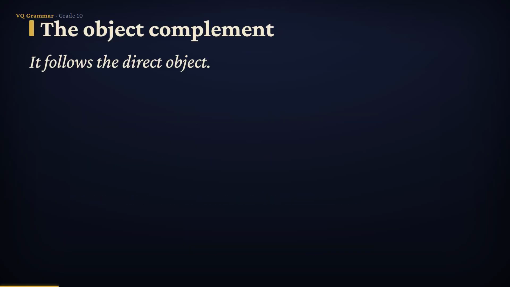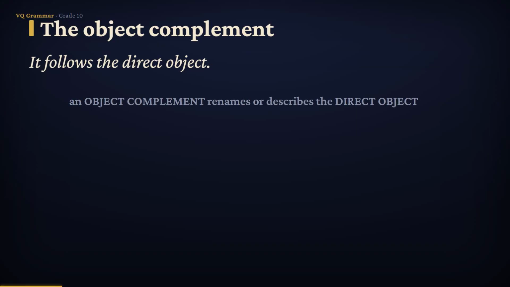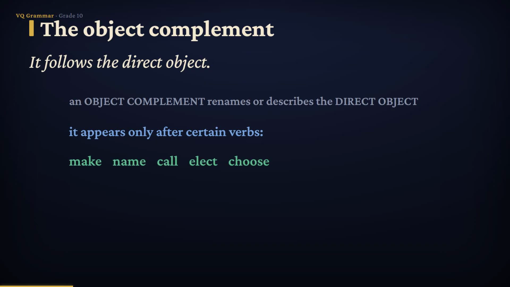So let's meet the first one, the object complement. An object complement is a word that follows the direct object and renames or describes it. Here's what makes it easy to spot. It appears only after a certain family of verbs. Verbs like make, name, call, elect, choose, and consider, appoint, find, and think.